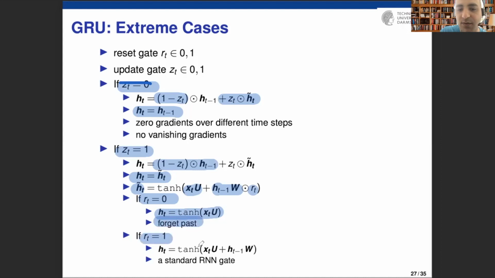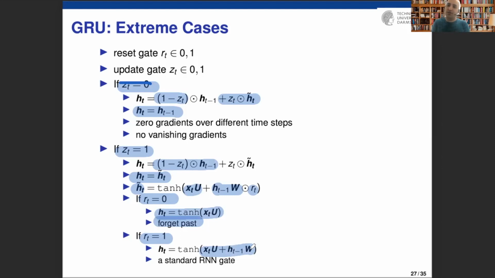And if rt equals 1, then we have a standard RNN gate, so we can compute the vanishing gradient. The beauty of this model is that you do not push the model. You do not use any heuristic to train the model, or to decide where you should stop training, or where you should update the parameters.